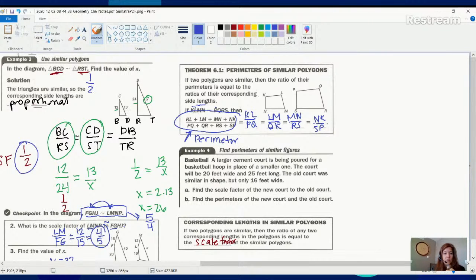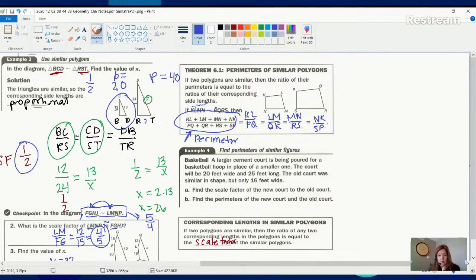If I told you that the perimeter of this was, let's see, 20. I'll tell you the perimeter of this is 20. Okay, would you have to sit there and figure out this other side to be able to figure out the perimeter? Not necessarily. You just know it's in a ratio of 1 to 2, so the perimeter of the larger one would be 40, because 20 over 40 equals 1/2. So it's kind of a nice little shortcut.